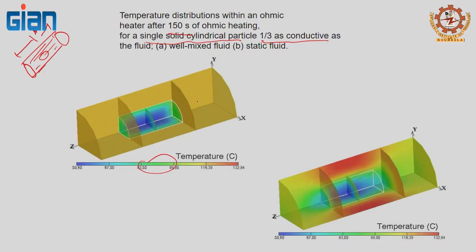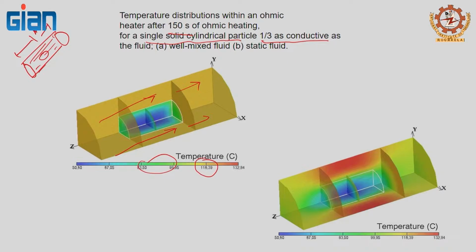Whereas this is much hotter, showing somewhere 115, 116. In other words, the current tries to flow wherever the electricity allows it to pass. Since the liquid in this case has a higher conductivity, the current tries to pass through without passing much in the solid.